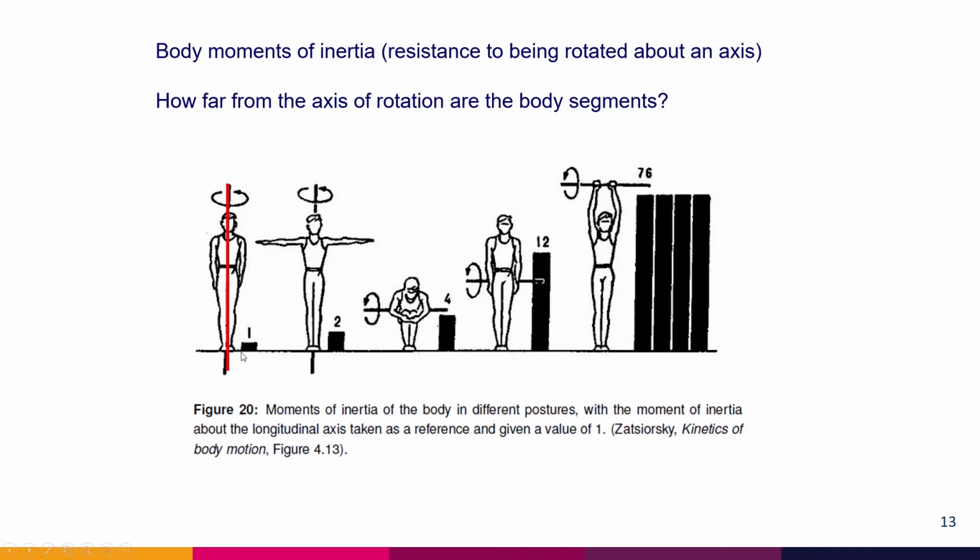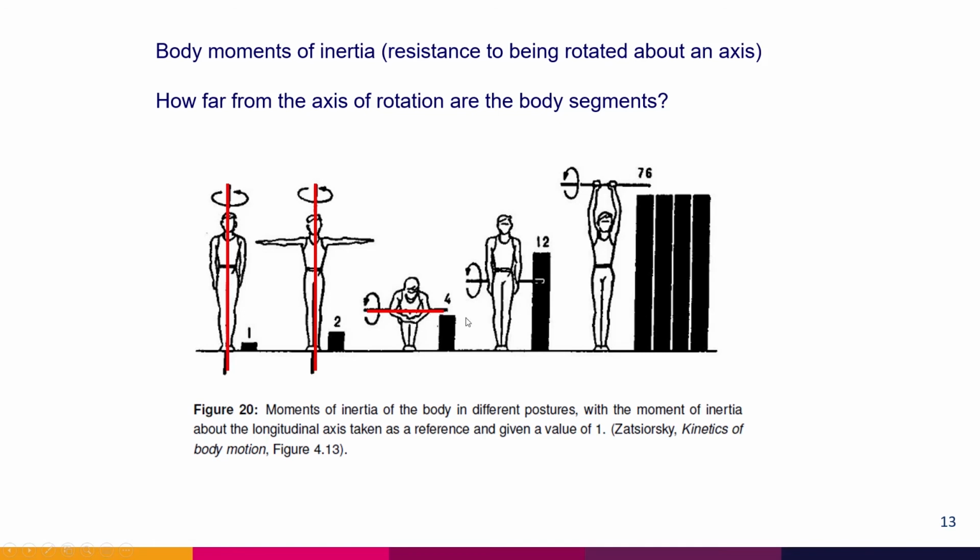Moving along, he then puts his arms out to the side as he's spinning, so his mass is further away from the axis, and his moment of inertia has increased to 2, so it's doubled. In the next figure, he's in a tucked position, spinning about a horizontal axis.